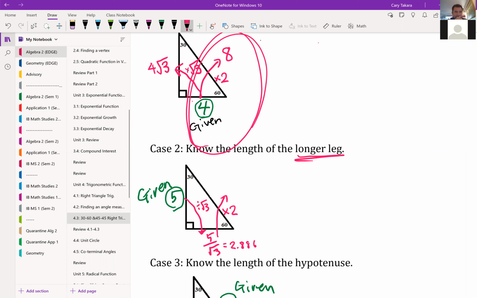Just leave it in the calculator and then double that. 2.886 times 2 is 5.77. Does that make sense? So you have to follow that path. First, you find the short leg, and then you double it to get the hypotenuse. So that's case number 2.